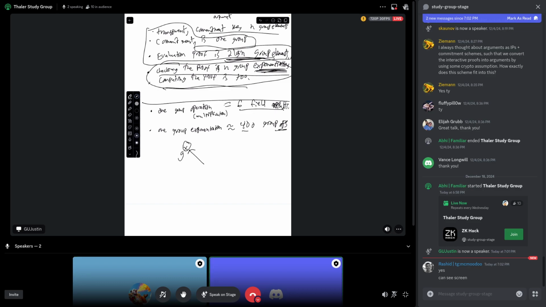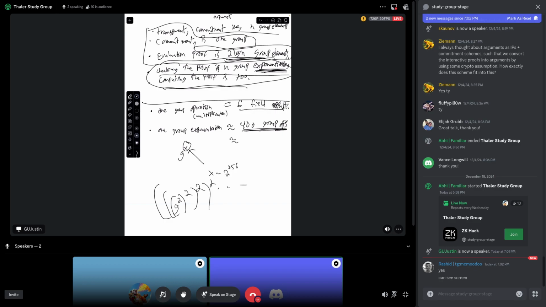Yeah. So even with being kind of clever, you get 400 group ops, because x can be an arbitrary 256-bit number. Got it. Even if x was literally 2 to the 256, computing g to the x would involve 256 squarings, g squared, squared, and so on. Yeah. So that's why they're so expensive.